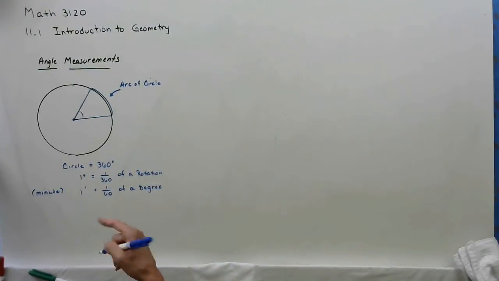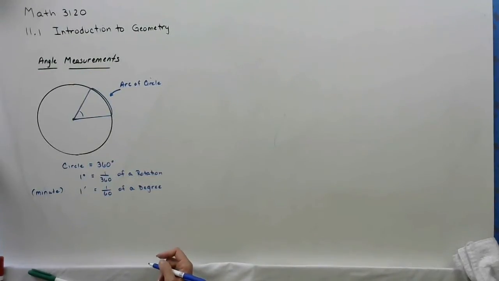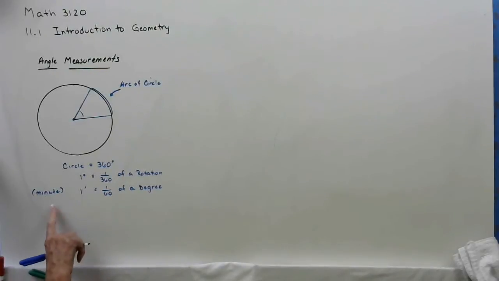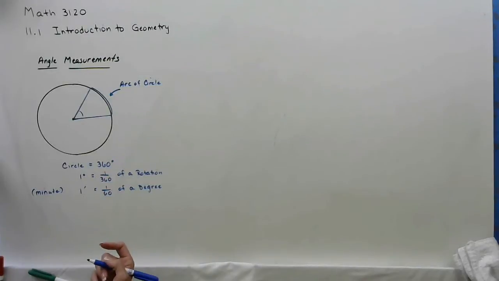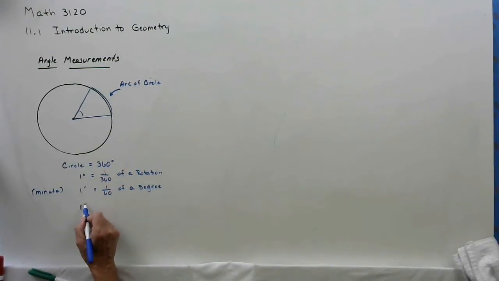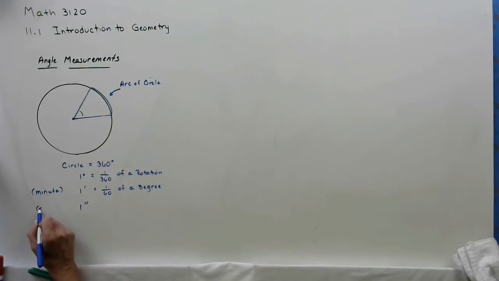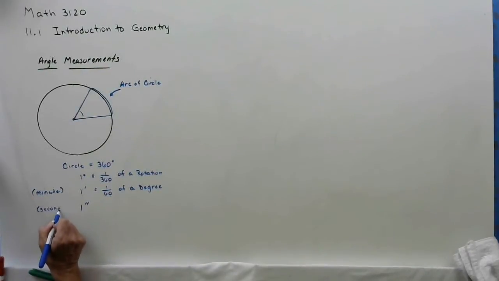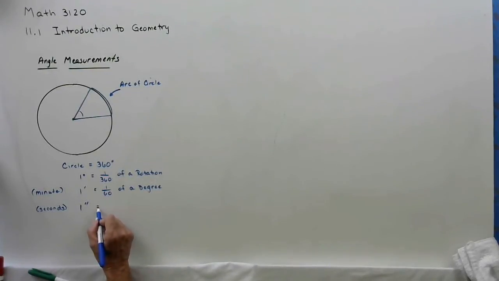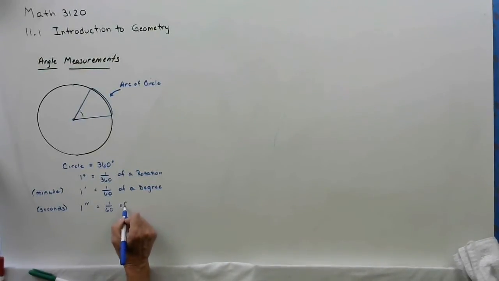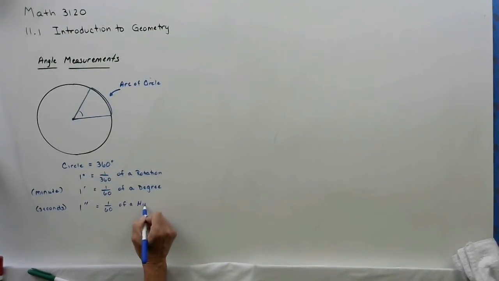A clock has everything to do with a circle. 1 minute is 1 out of 60 minutes, or 1 out of an hour. And then we know on a clock that a minute is broken down into seconds. So we use 2 little hash marks to represent seconds. And you all know that there are 60 seconds in every minute. So 1 second is 1/60th of a minute.